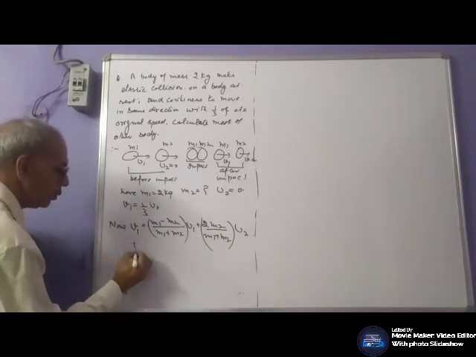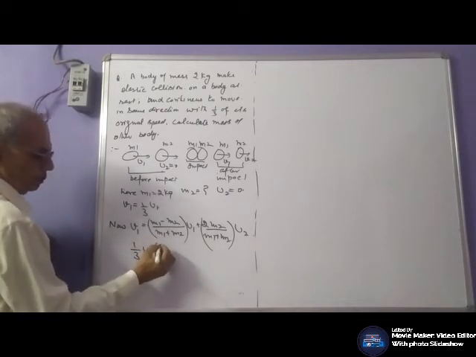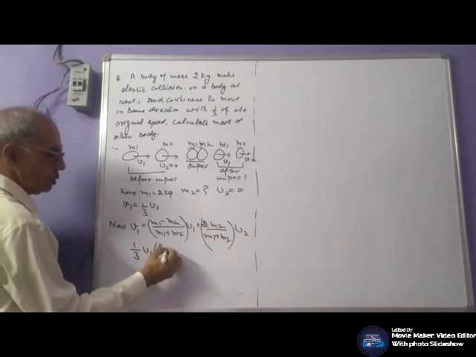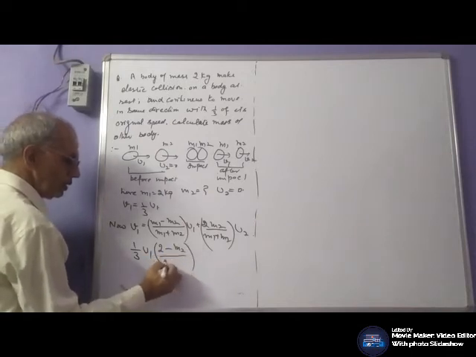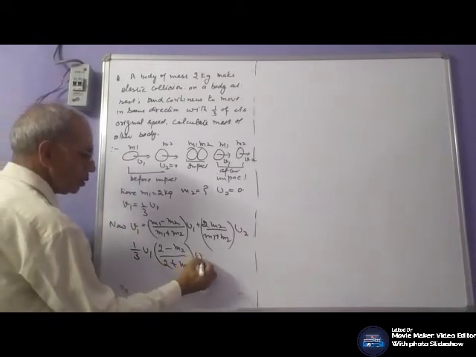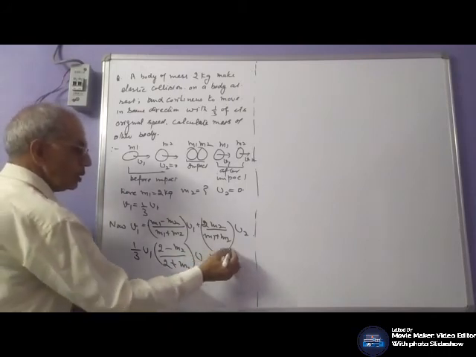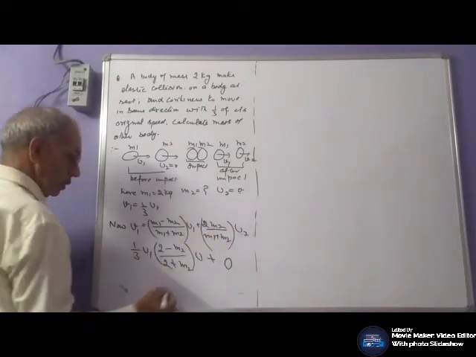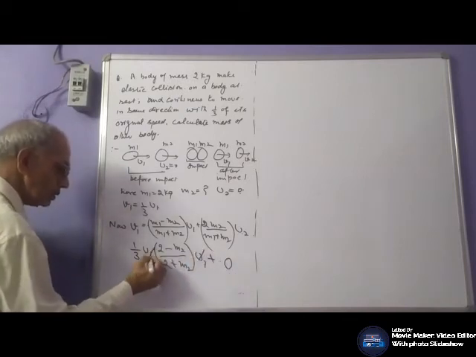What is V1? 1/3 U1. M1 is 2, M2 we have to find. As U2 is 0, that term is 0. U1 cancels with U1.